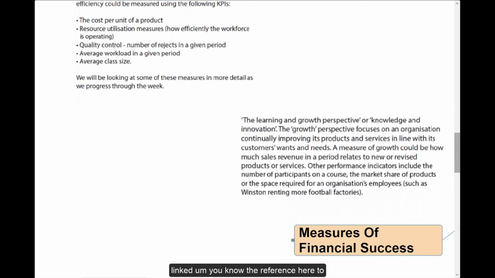They are linked. The reference here to a measure of growth might be how much sales revenue relates to new or revised products. Other indicators, market share perhaps. It hasn't mentioned training, which would be my go-to one in terms of learning. It's easy to think of, easy to put down on paper. Okay, so that's a little bit more depth in relation to the balanced scorecard.